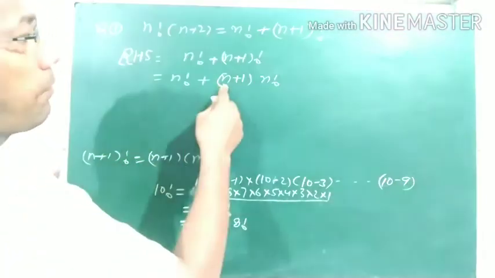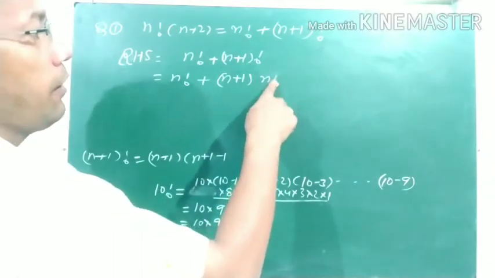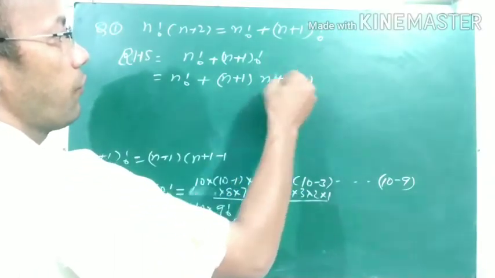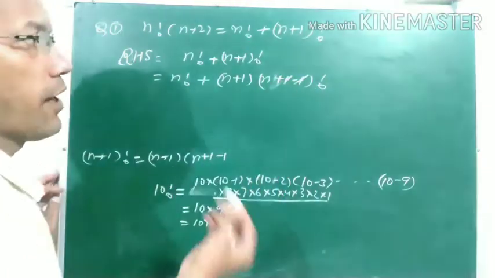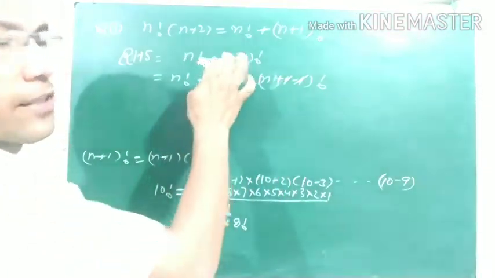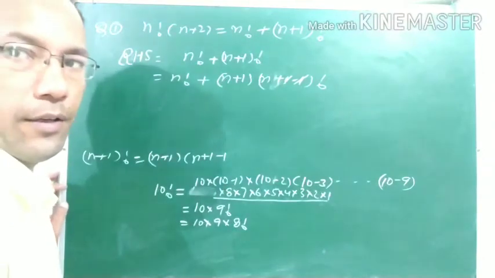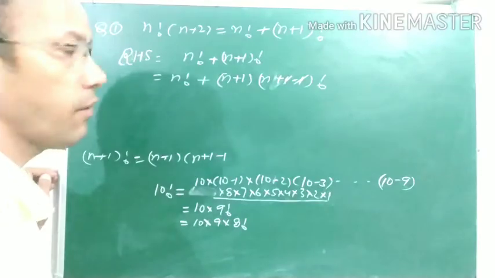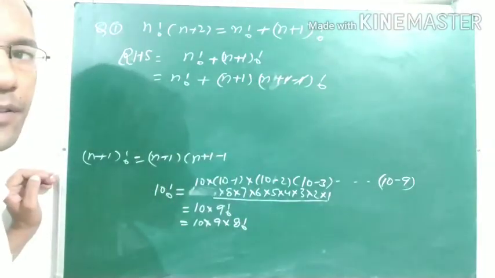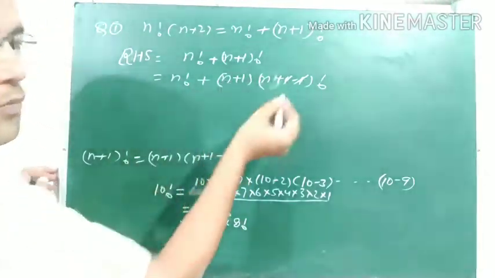So now this is n plus 1 into n plus 1 minus 1 factorial. The 1 cancels out, that is n factorial. We directly write this because n plus 1 is greater than n. It is not a rational or irrational number; these are positive integers.